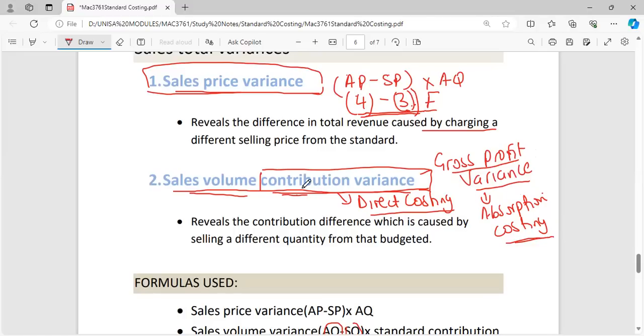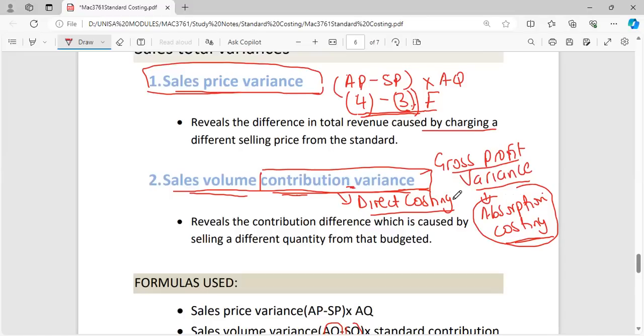If the question requires the sales volume contribution variance from a company using absorption costing, you need to remove the fixed cost element to arrive at the contribution.